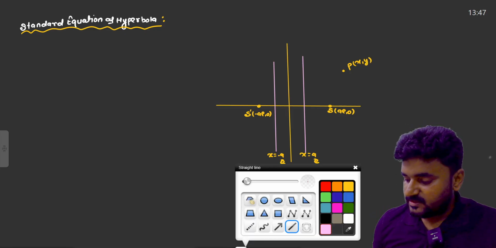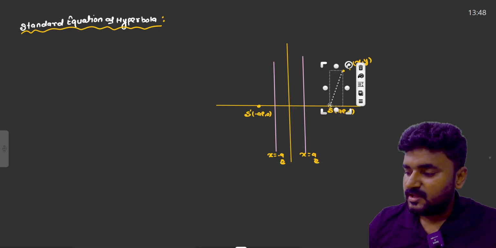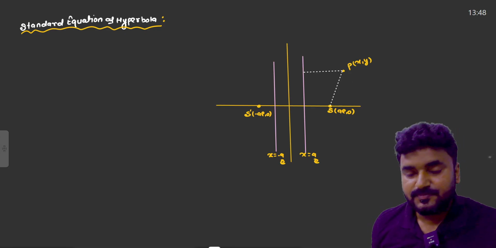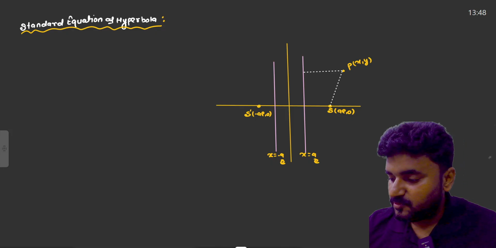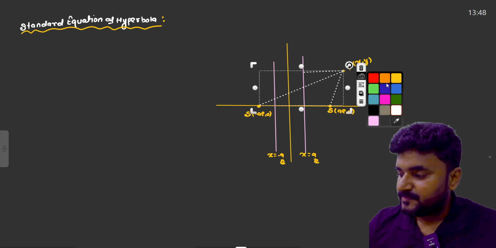Okay. And then we will join this moving point to this fixed point and this moving point to this fixed line. You can say, sir, can we join this moving point to this S dash? Definitely yes. Okay.